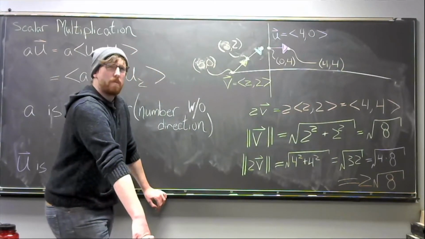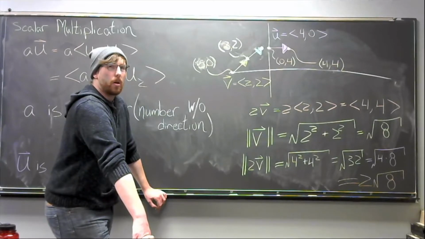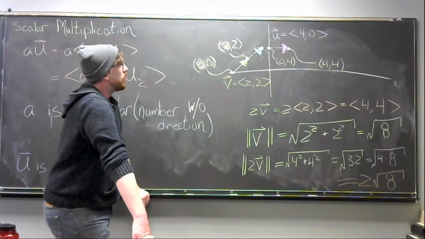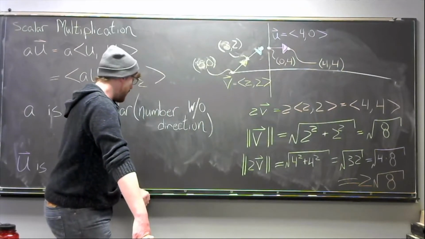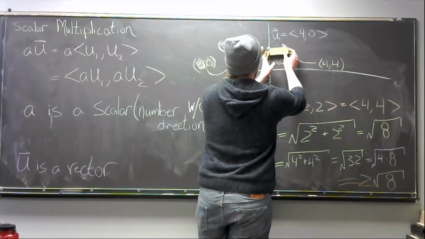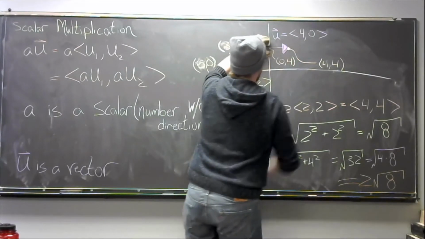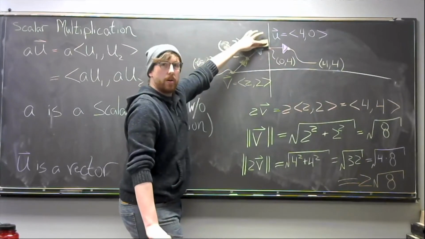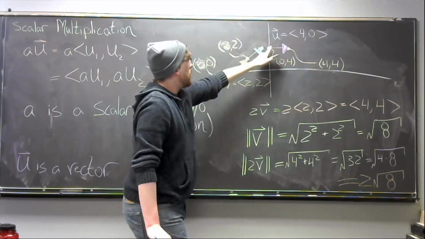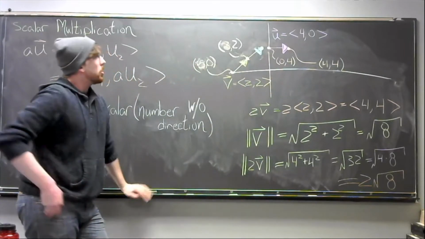But what if I multiplied it by -1, for example? Well then, it would look like we took u and just turned it around 180 degrees. That's it. Just rotated it. Okay.